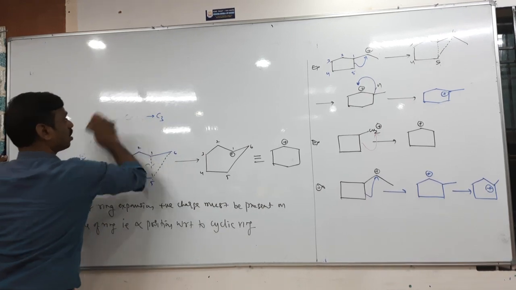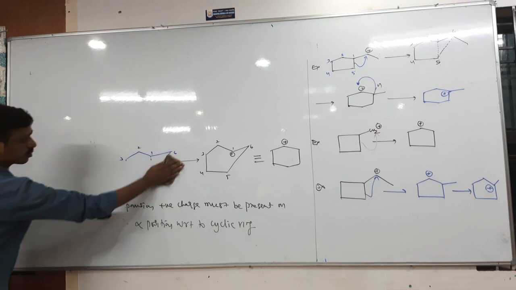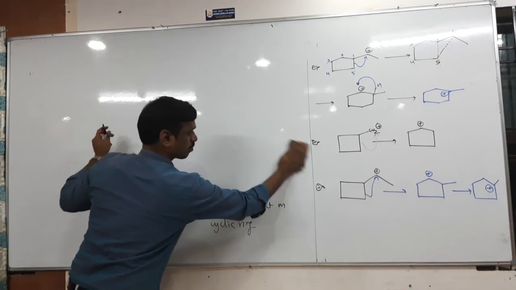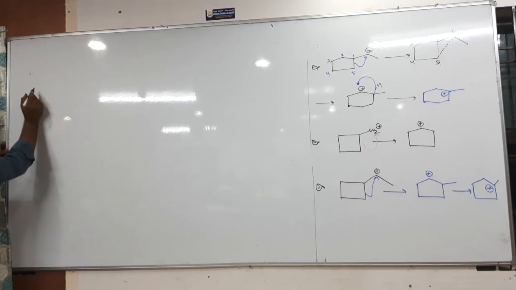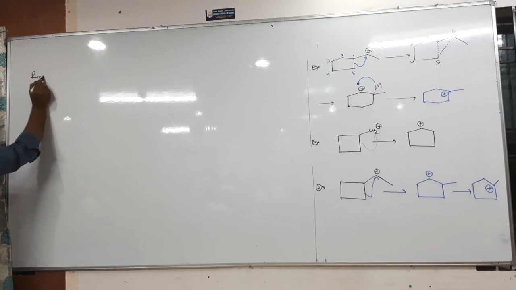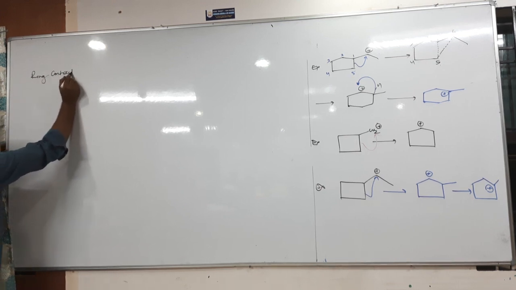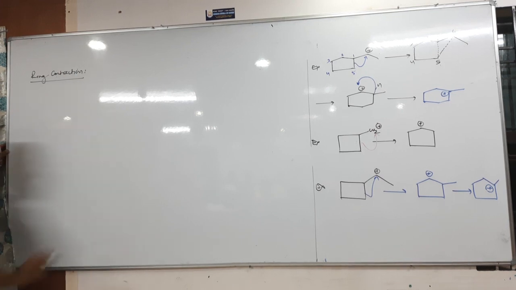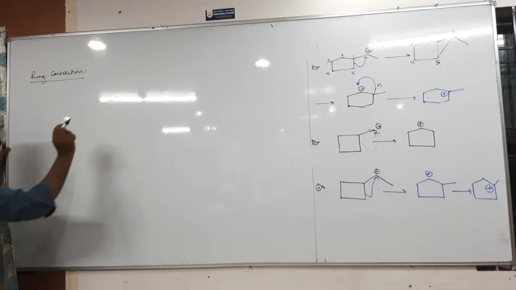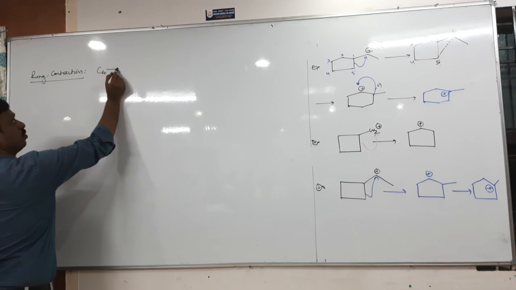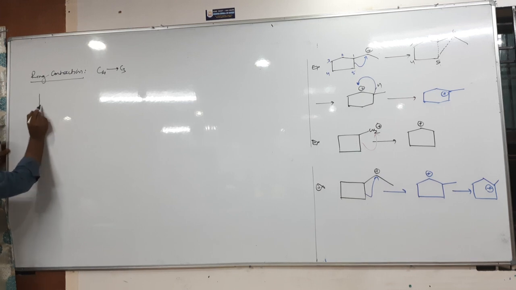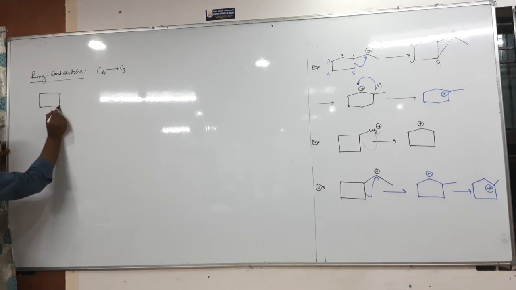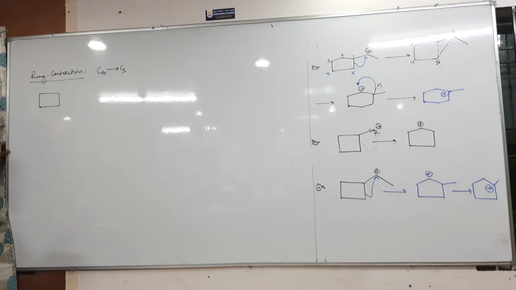Next is ring contraction. Tell me, in ring contraction, there is only one ring contraction which is possible, C4 to C3. Now let us take a 4-carbon cyclobutane, which has a positive charge here.